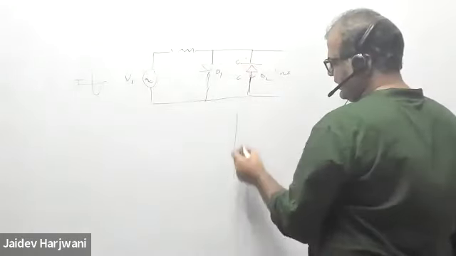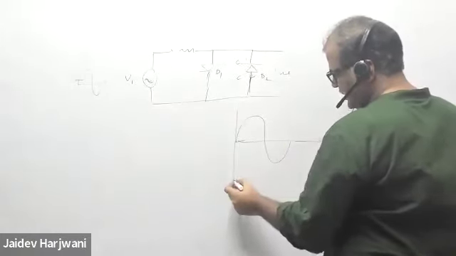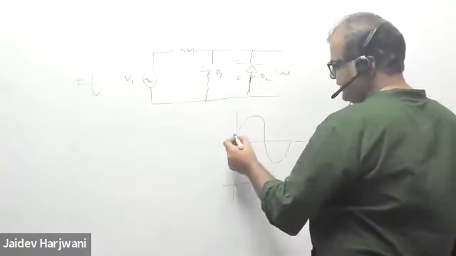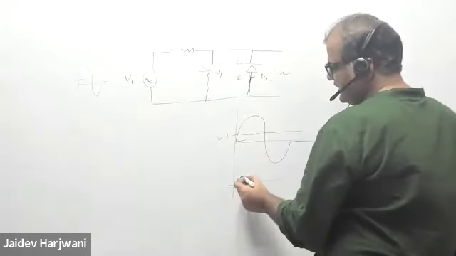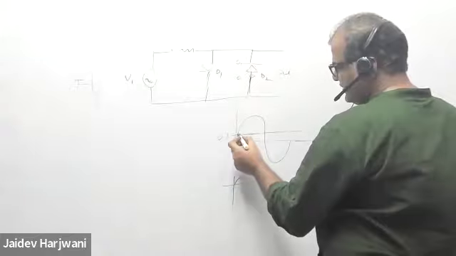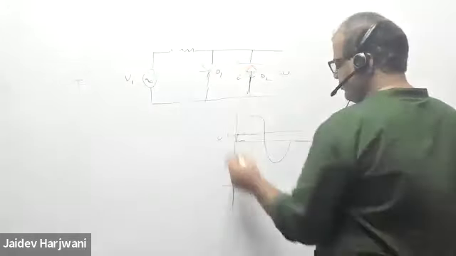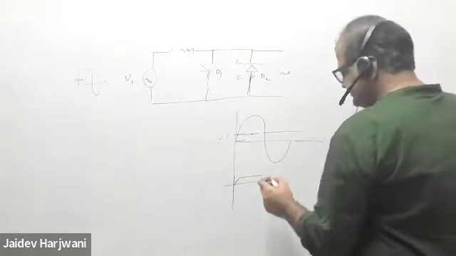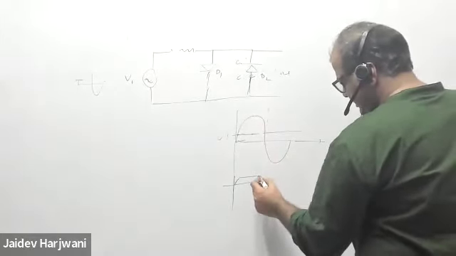So this is my V input, and V output up to 0.7 will be the same as V input. And after that, once this crosses 0.7, it will be fixed at 0.7 volt. And again, this follows the same thing.